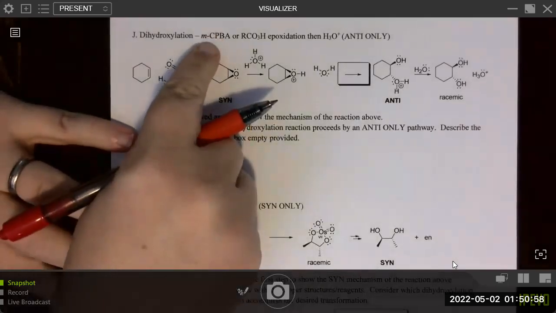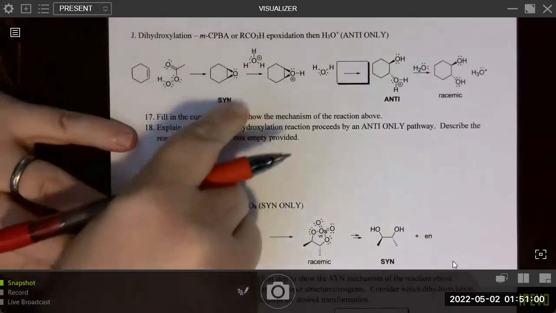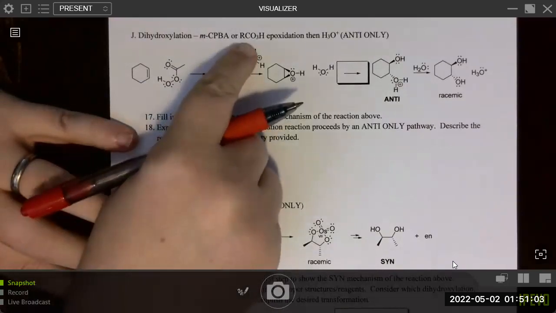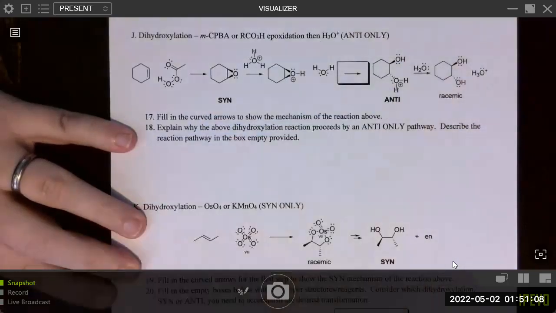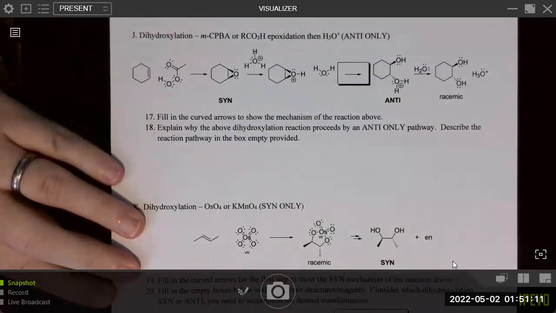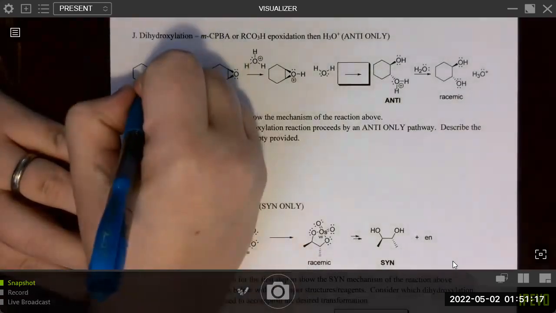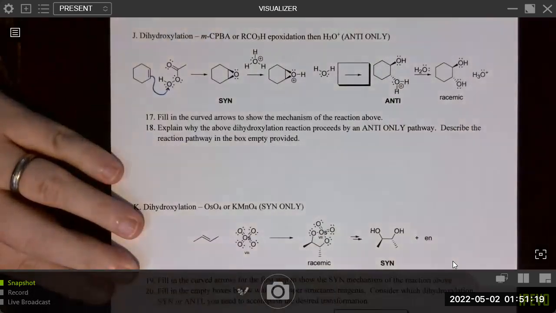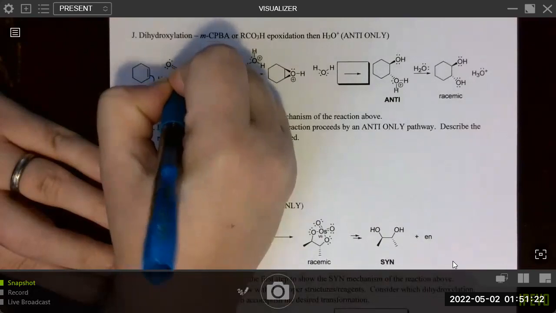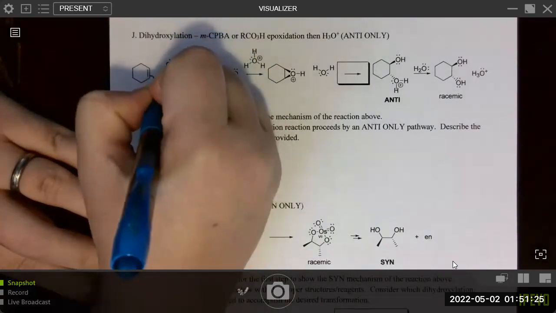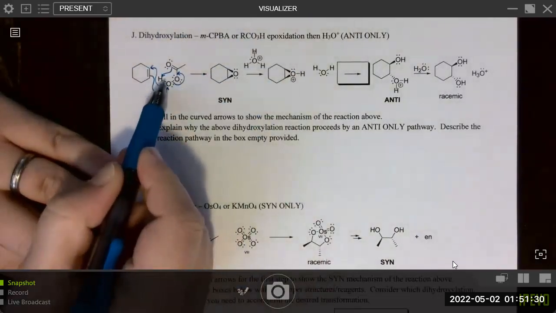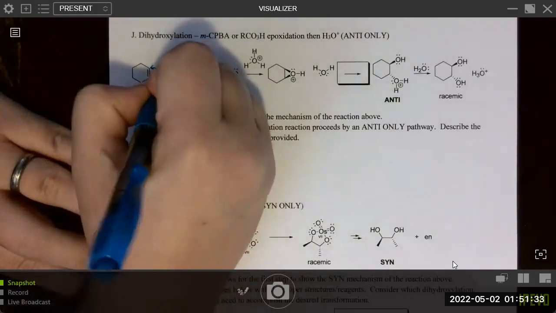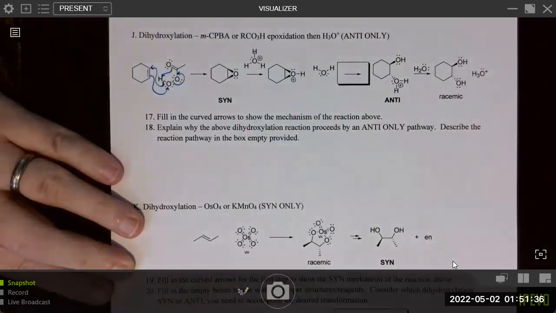So once we use MCPBA to form the epoxide, then we use H3O plus, and we end up with the anti-dihydroxylation product. So the mechanism, right, is going to be the same that we drew before. So the pi bond attacks oxygen, electrons flow around, get a proton transfer, and you can start from either the lone pair or the pi bond. Right? Probably should have started with the pi bond. Simpler, less arrows that way.